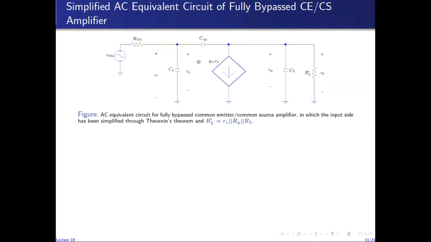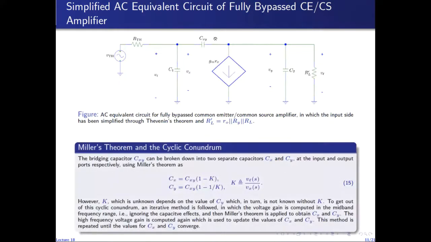So in this simplified circuit, we see that CXY is the bridging capacitance between this node, the voltage at which is VI, and this output node, the voltage at which is VL. So through the use of Miller's theorem, we can break down this capacitance CXY into a capacitor CX on the input side, which will be in parallel with C1, and a capacitor CY on the output side, which will be in parallel with C2.